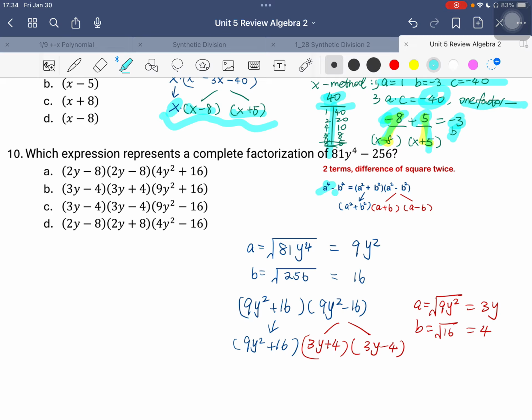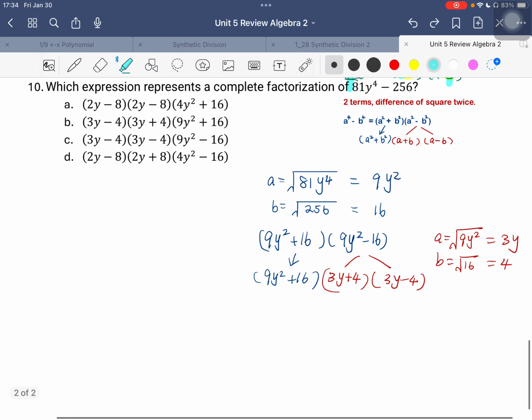If it's a^4 minus b^4, we can rewrite it as a squared plus b squared times a squared minus b squared. And then a squared plus b squared cannot be factored further, so we just bring it down. But every time we see a negative sign and a perfect square, that means we can factor further. So the second half, we can rewrite as a plus b, a minus b. And don't forget to bring down the front.